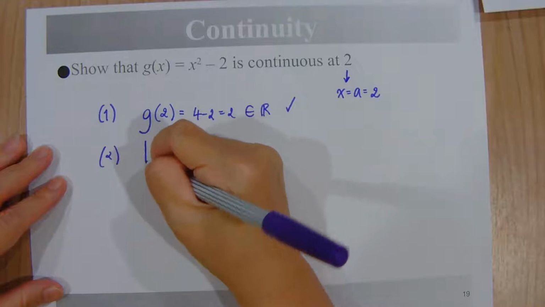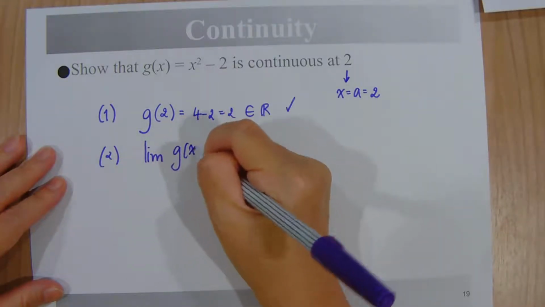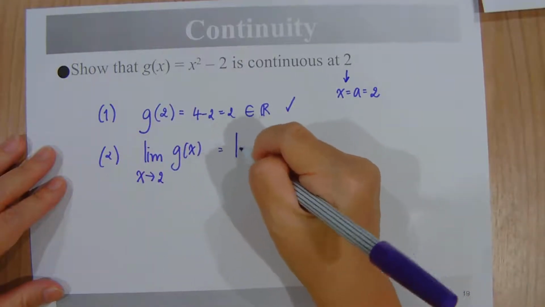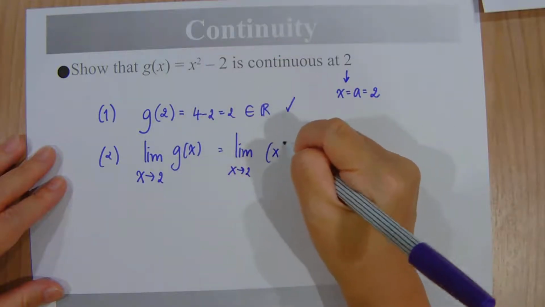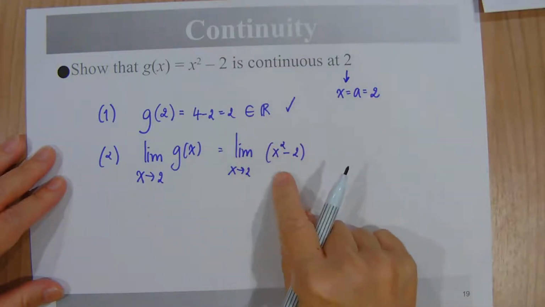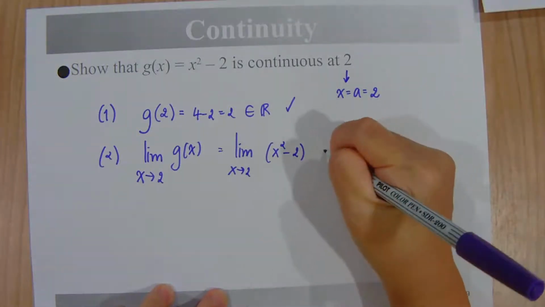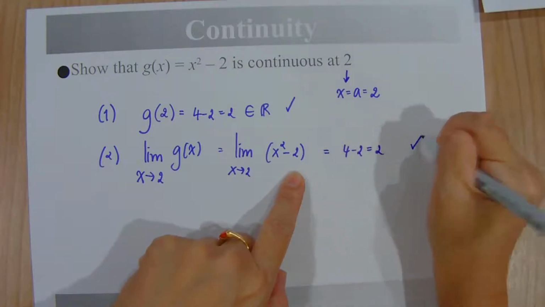The second condition: we check whether the limit of this function when x approaches 2 exists or not. So we replace g(x) with the polynomial x squared minus 2, and you get 2. This also exists.